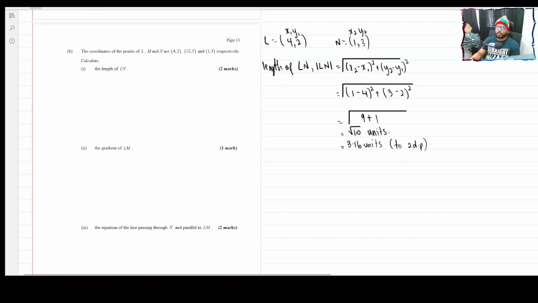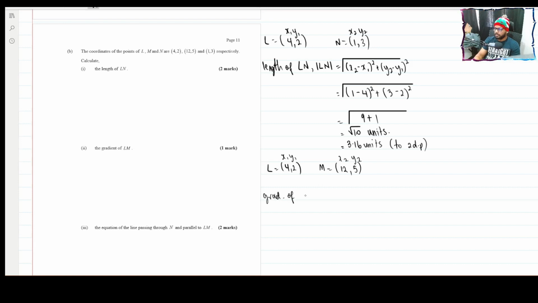Next, they want the gradient of LM. So again, I will label L, which is (4, 2), and this time I'll label M, which is (12, 5). I'll label it as x1, y1, label you as x2, y2.